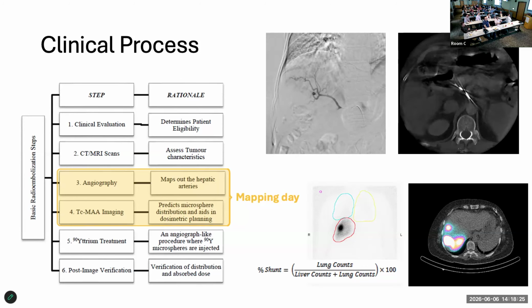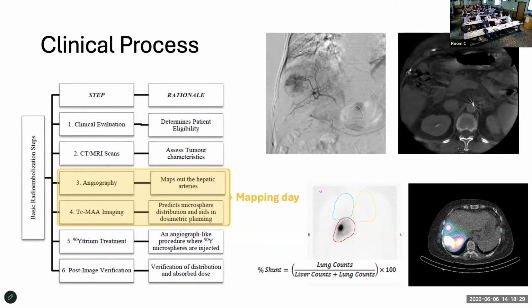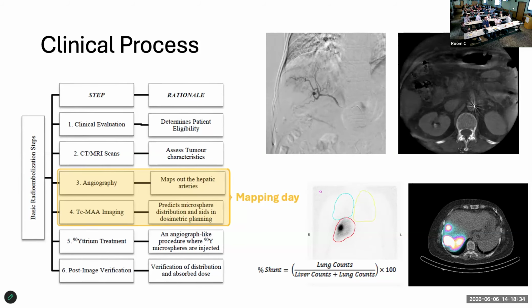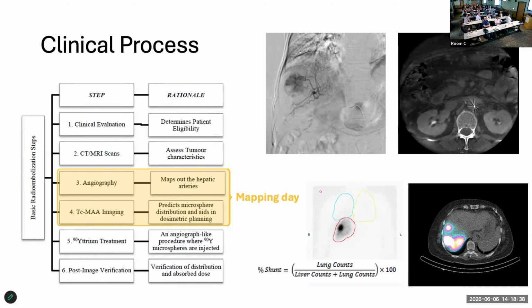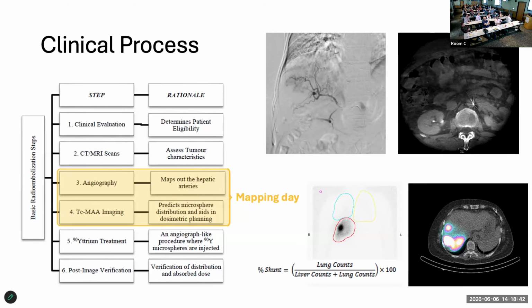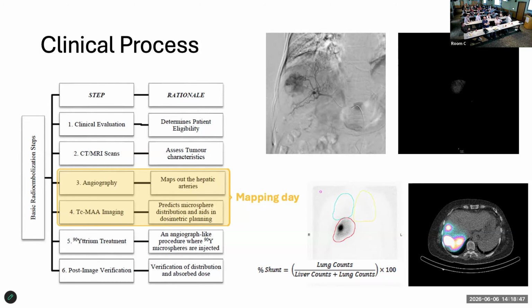In TheraSpheres, we just want to make sure our lung shunt is going to result in a dose less than 30 Gray to the lungs per treatment, less than 50 Gray to the lungs lifetime. I've seen lung shunt fractions anywhere from 2% up to 60%. So definitely depends on your patient. And there are instances where you can have a lung shunt fraction of 60% and still treat, especially with TheraSphere.